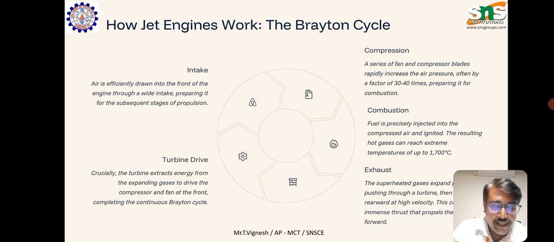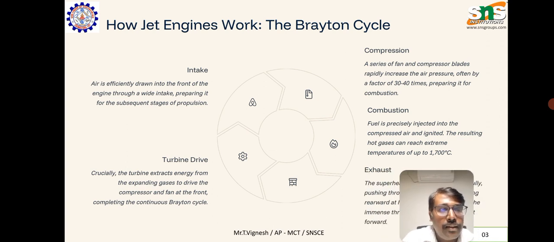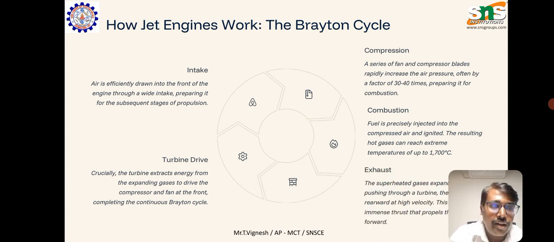This compressed air then moves into the combustion chamber, where fuel is precisely injected into the compressed air and ignited. As a result, the hot gases can reach extreme temperatures of 2700 degrees centigrade. This superheated high pressure gas then expands through a turbine, expelling out the rear at high velocity.